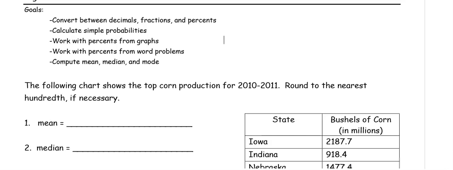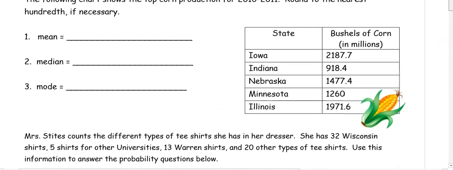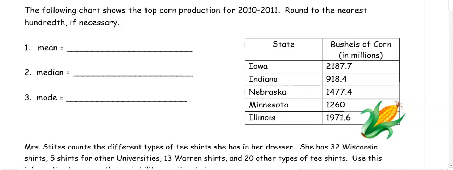So the following chart shows the top corn production for 2010-2011. Round to the nearest hundredth if necessary. So we want to find the mean, median, and the mode. So we have 1, 2, 3, 4, 5 places that are producing corn. If we are doing mean, remember that mean is your average.